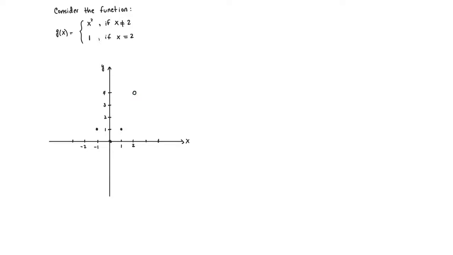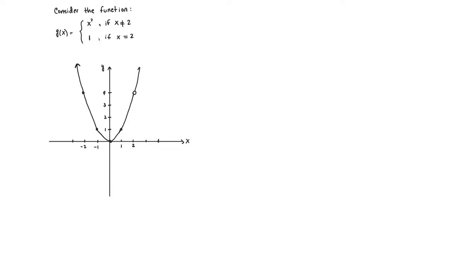When x is negative 2, then the y value is going to be 4. So that point is going to be there. So the graph is going to be in a U shape, like that. And then in the other direction, again following the typical U shape of a quadratic function.